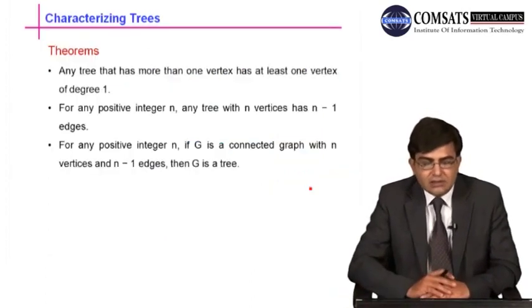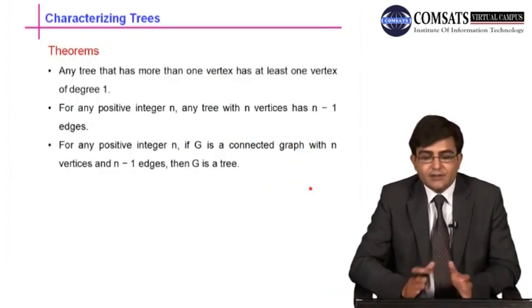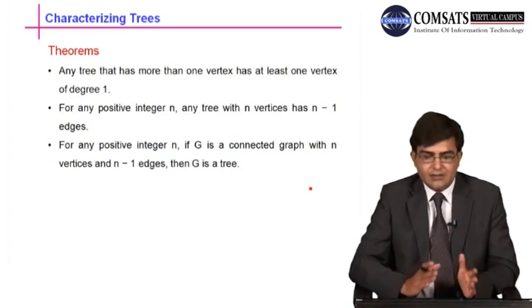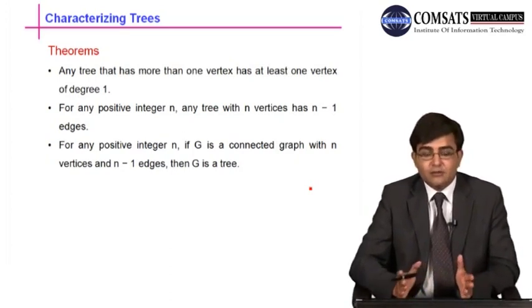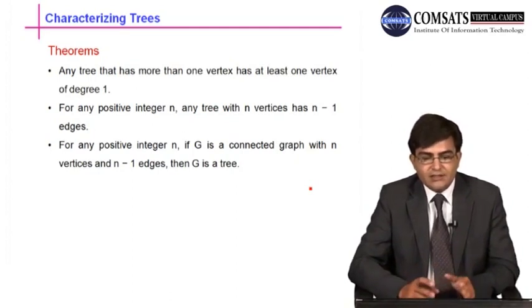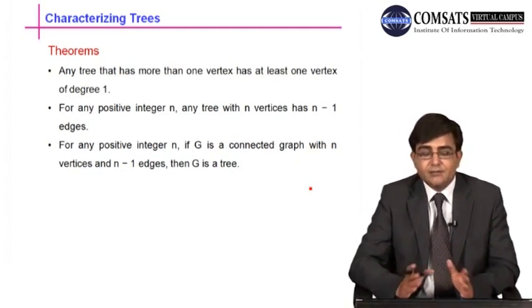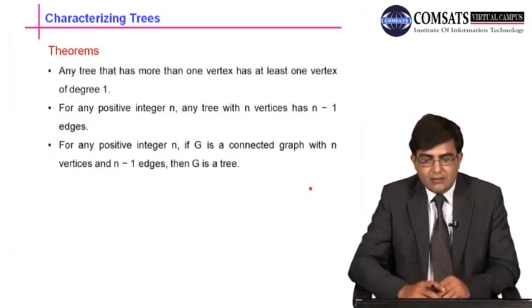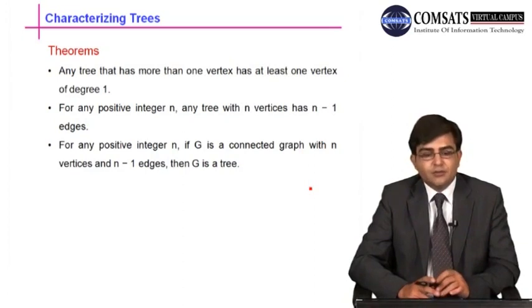Now a very important result. I have summarized all the theorems given in the book by Rosen in one theorem. All these results are basically separate theorems in the book, where you can find the proofs. I'm not including the proofs of these theorems here.